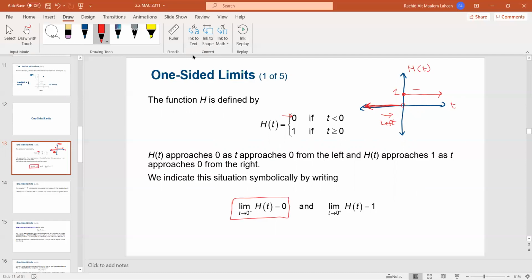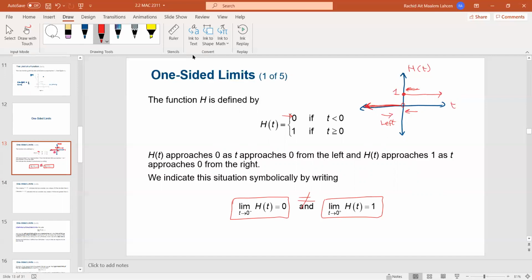However, when you do it from the right side, maybe I should just do it here, because x is going from this right side towards 0, the answer is 1. And you see 0 and 1 are not the same, so they are not equal from this side and this side.